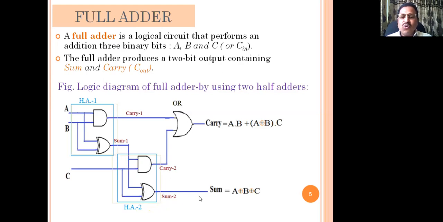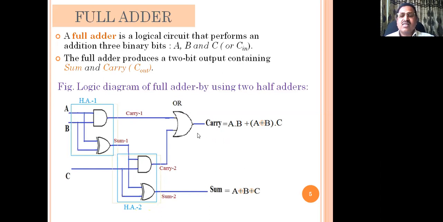Here, sum 2 is the resultant final sum of the addition of three inputs A, B, and C. Whereas the carry from the first half adder and the carry from the second half adder will generate the resultant final carry in the addition of three binary bits. So here we have to use the OR gate, whose inputs are the carry outs of the two half adders, with the resultant output as the carry of the three binary bit addition.